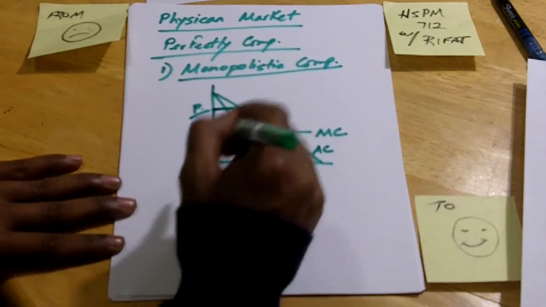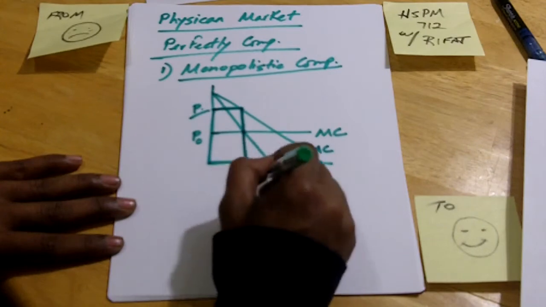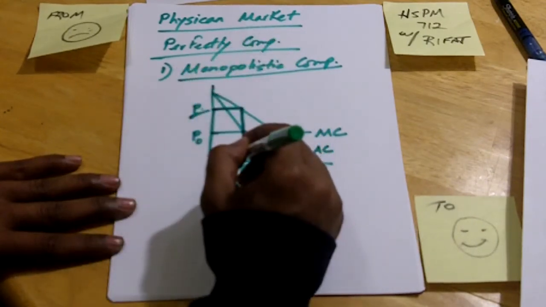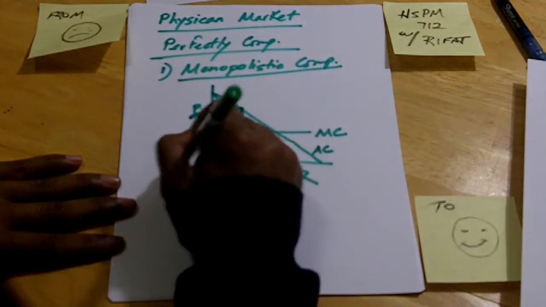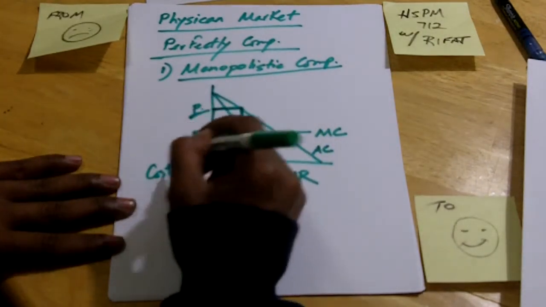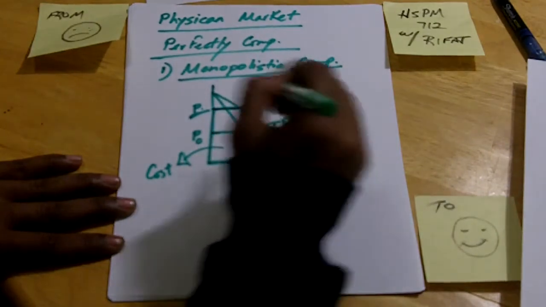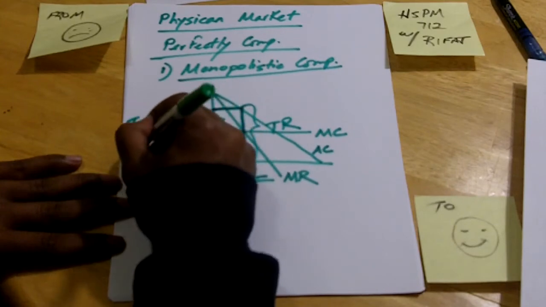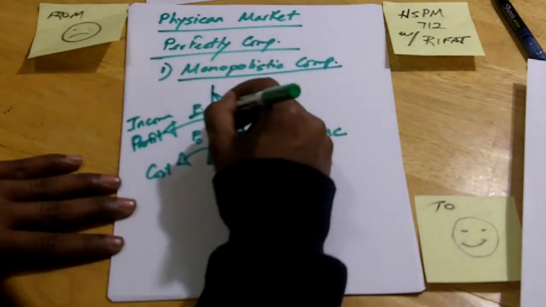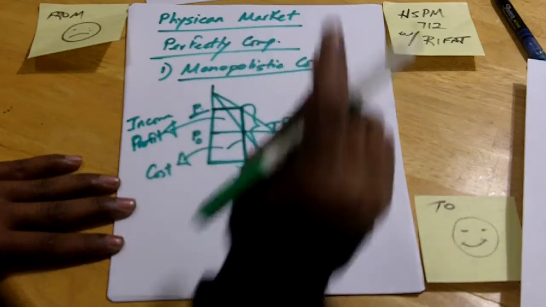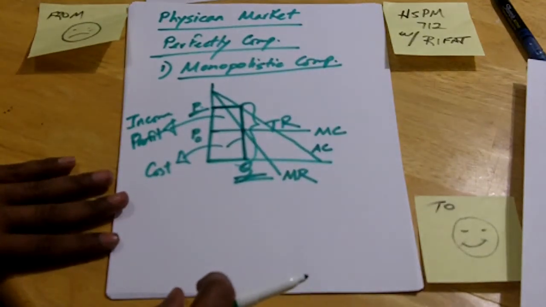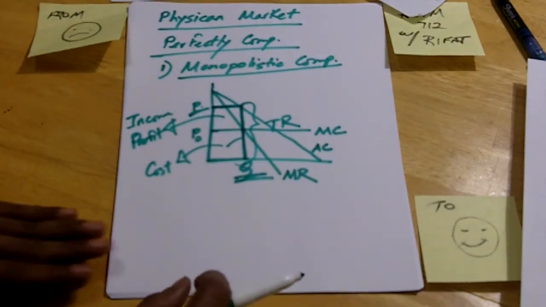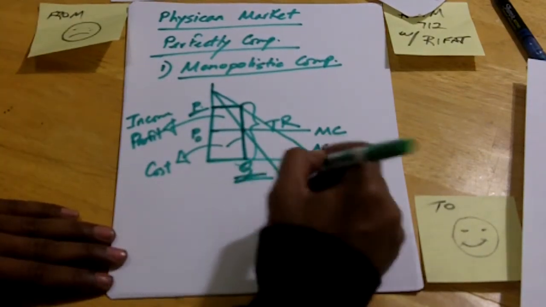They are producing this amount of consultation at this price, so they are getting all this amount, and this is their production cost, and this is their total revenue, and this one is their income, or you may say profit. So we have to deduct this portion from the total revenue. And now how can we get the total revenue? For total revenue we have to find the marginal revenue.